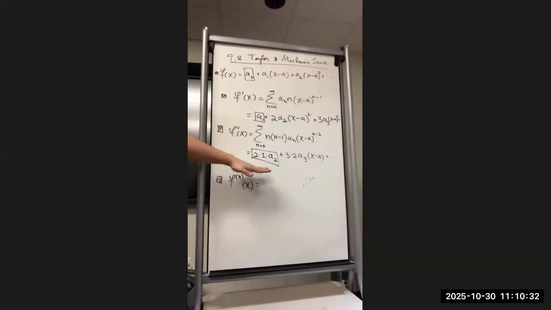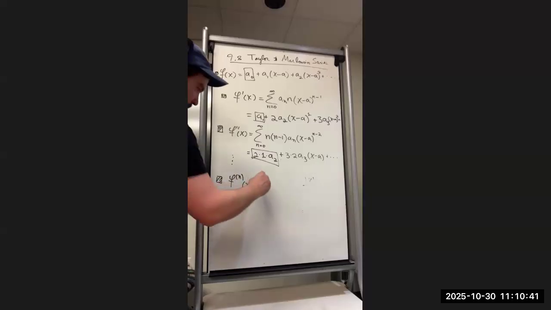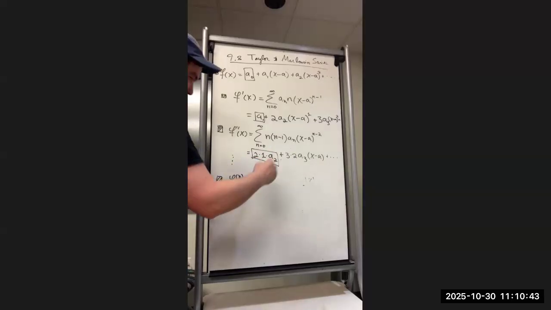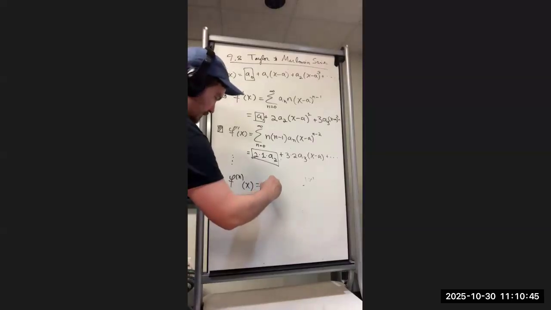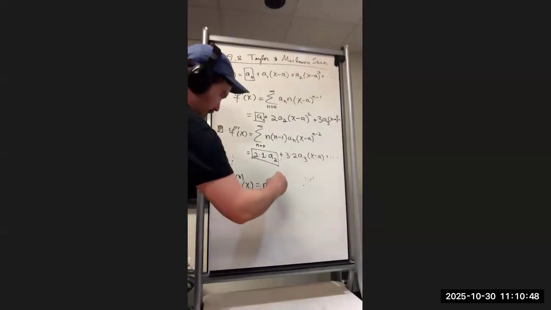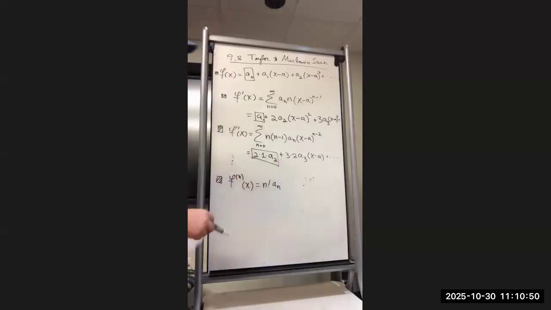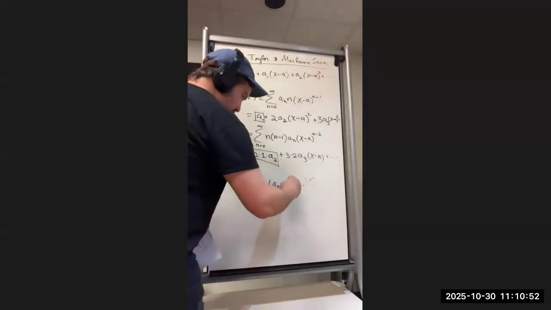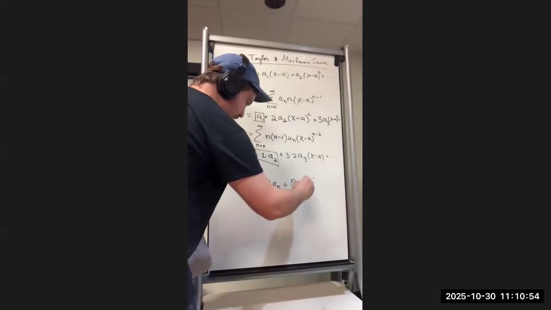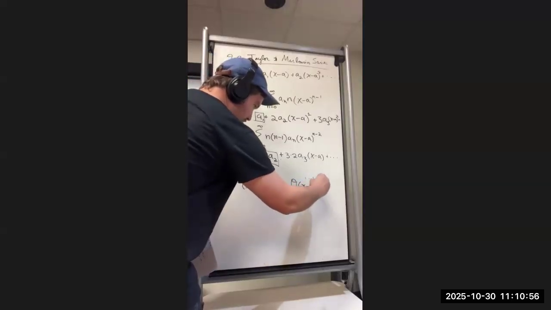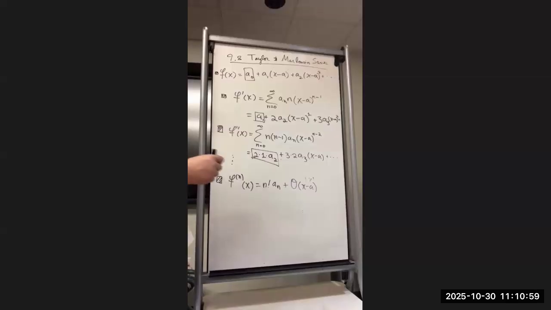If we kept expanding it, and I didn't want to waste a bunch of real estate doing that, we'd see a pattern emerge. That pattern would be that for the nth derivative, the very first term, which is our constant term for our polynomial, would be n factorial times a_n. And then we'd have a bunch of other stuff with factors of x minus a, and so on, in higher orders.